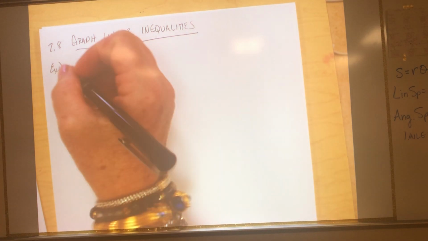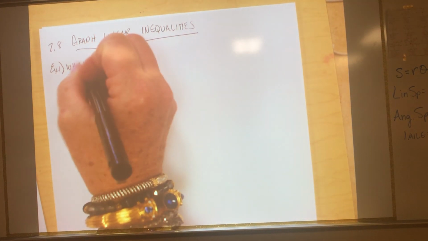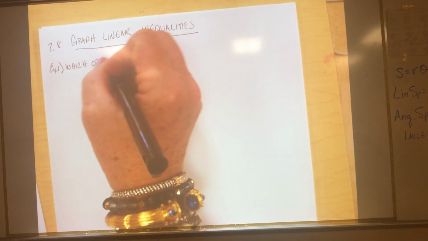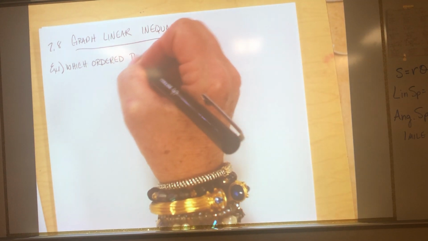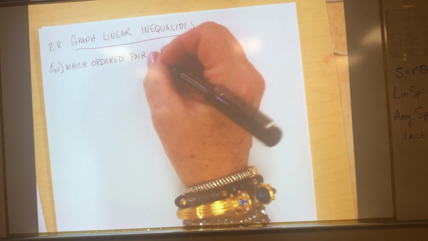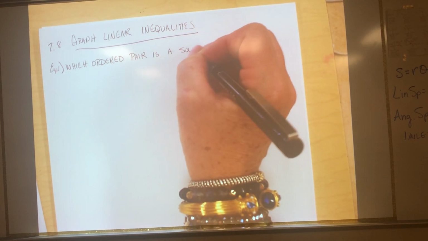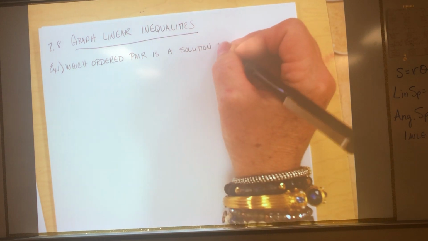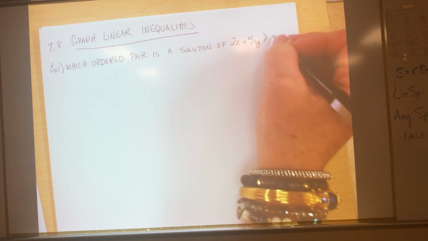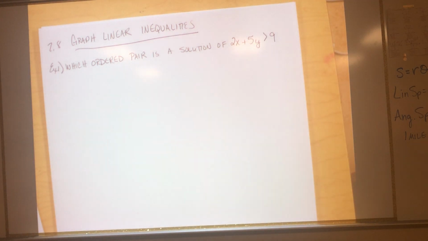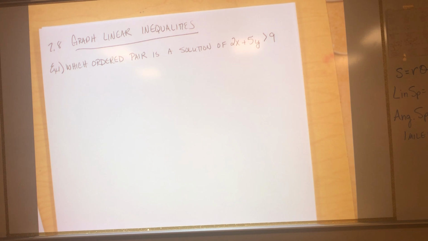So, example 1, which ordered pair is a solution of 2x plus 5y greater than 9?